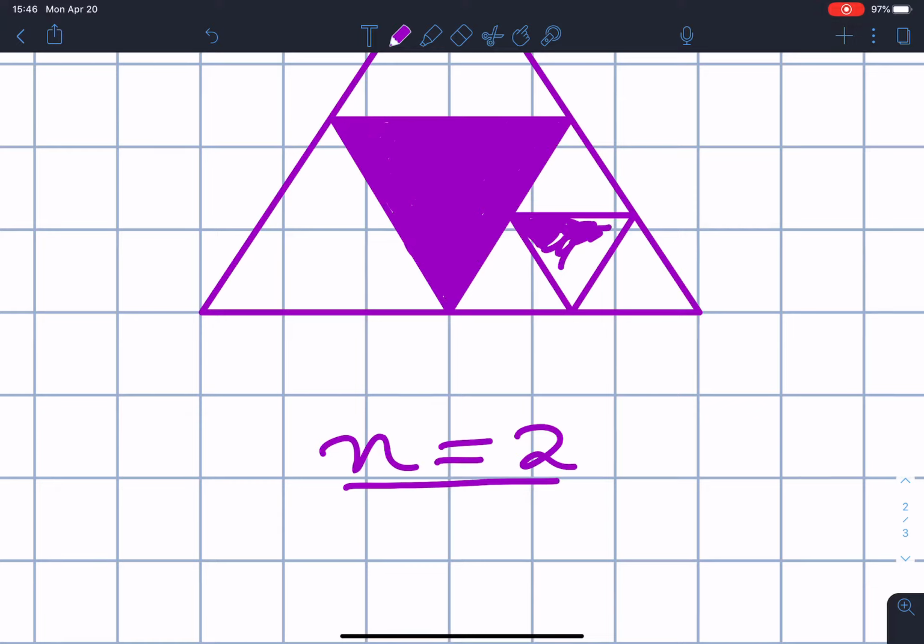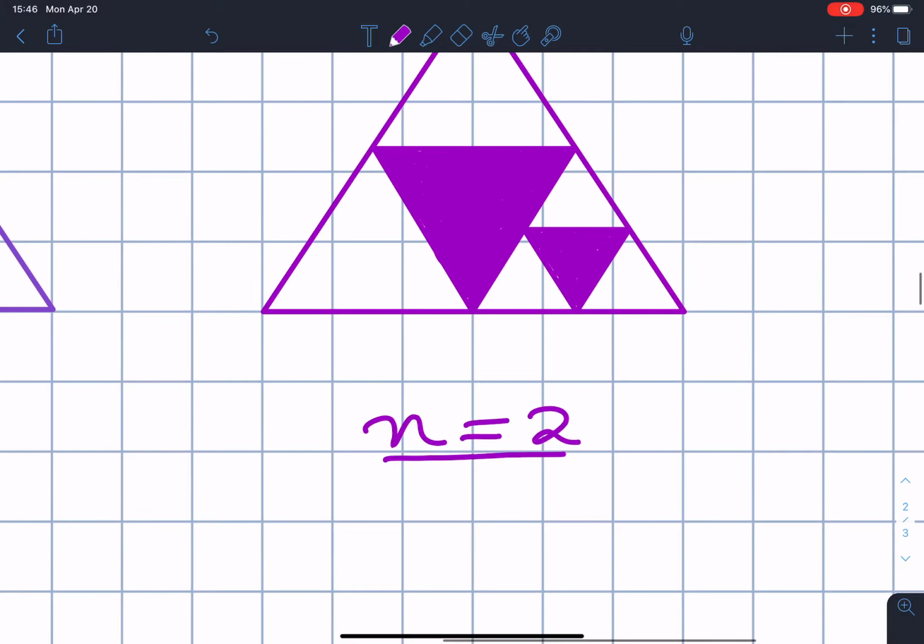Not that it matters. So at each iteration in the Sierpinski triangle, we omit the middle of each remaining triangle. So we're taking out the triangle in the middle.